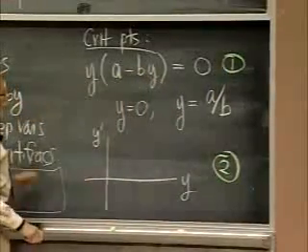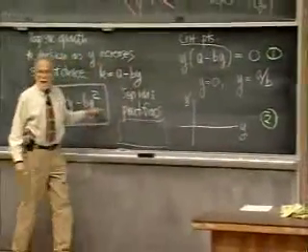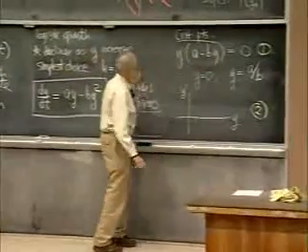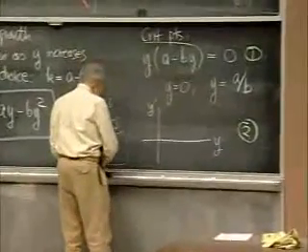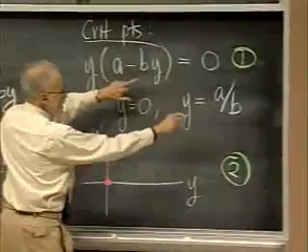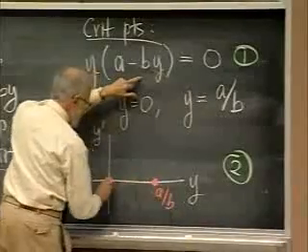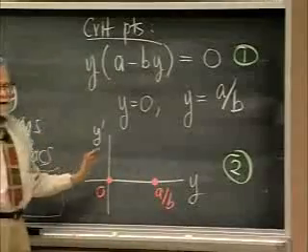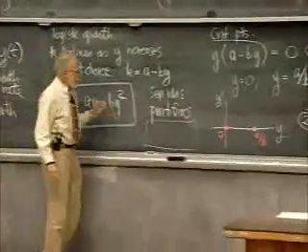Okay, the function that I want to graph is this one, ay minus by squared, or in factored form, y times (a minus by). Now, this function we know has a 0 here, and it has a 0 at the point a over b. At these two critical points, it has a 0. What is it doing in between? Well, in between, it's a parabola. It's a quadratic function.